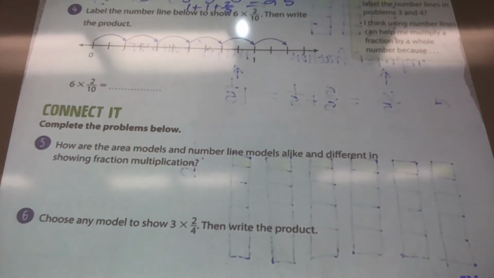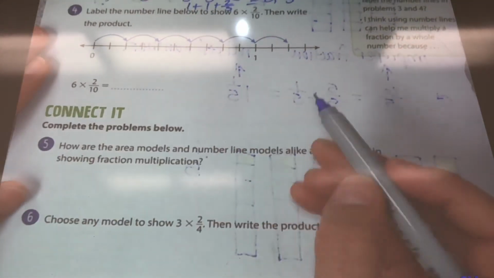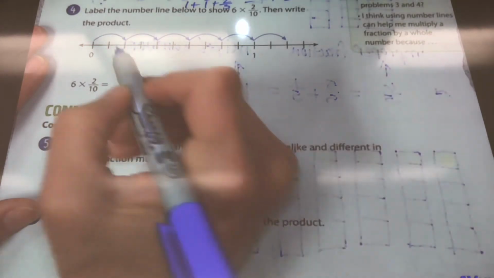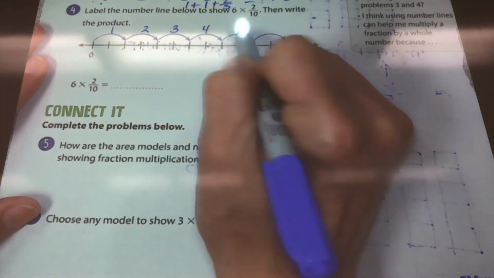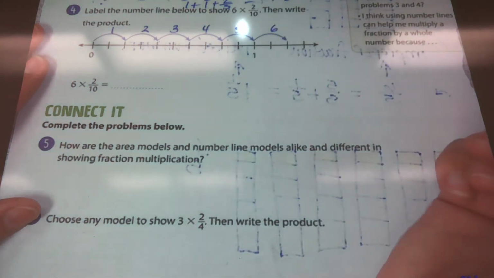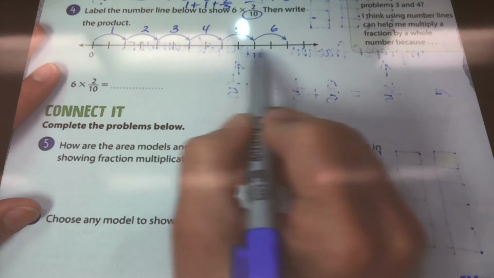Okay, so now we are going to label the number line below to show 6 times 2 fifths and then write the product. So this will be group 1, 2, 3, 4, 5, and group 6. And you can see the denominator is 10, so there's actually 10 hash marks there.